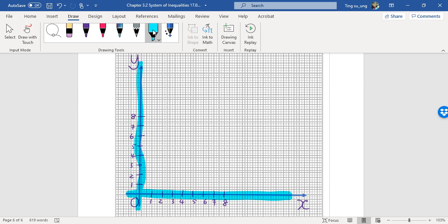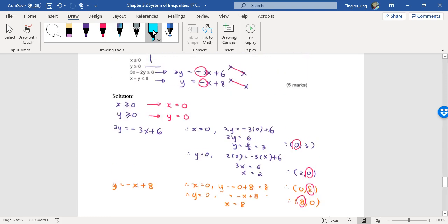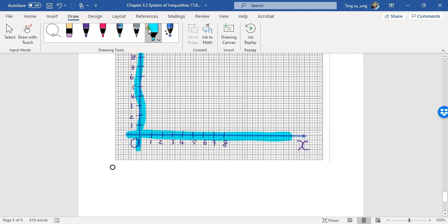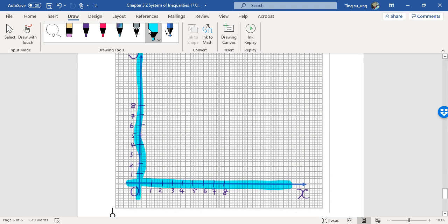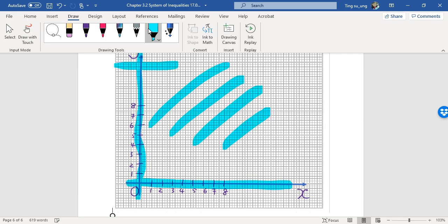Am I right? Again, look at the section here. You have more than. What does it mean? More than means that for y more than or equal to 0, you will be above. Am I right?